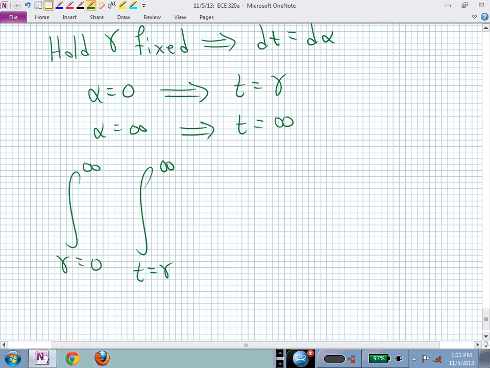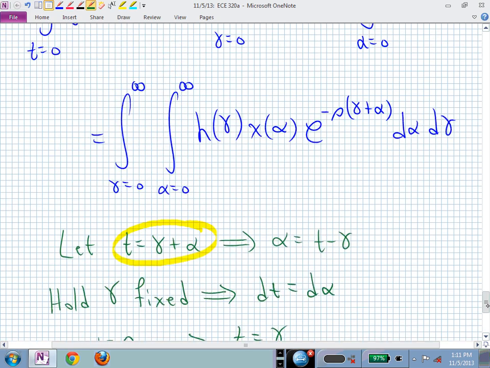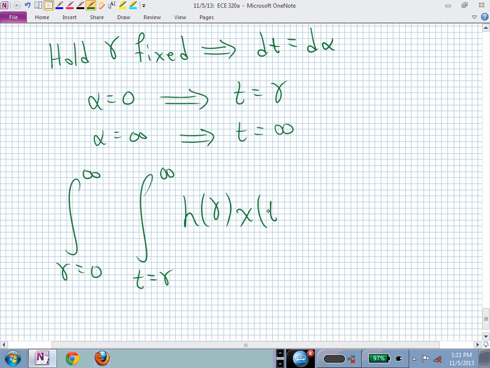Okay. h of gamma, x was of alpha, but alpha is t minus gamma. e to the minus s, now I've replaced gamma plus alpha as t, and with respect to alpha, that was dt, and this is now d gamma.